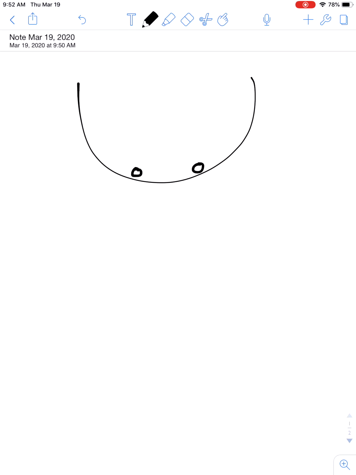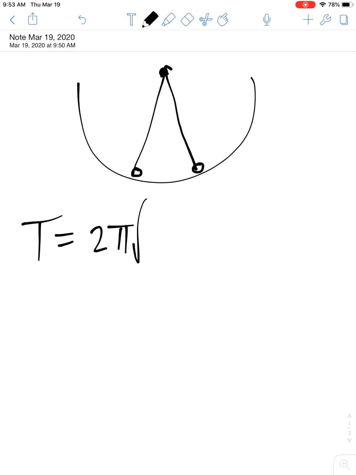And the bowl has a radius of half a meter. So if we draw a line, then we can see that this actually looks a lot like a pendulum. You might be tempted to say, hey, I know the period of a pendulum, and it's really easy. It's just 2 pi square root L over g.